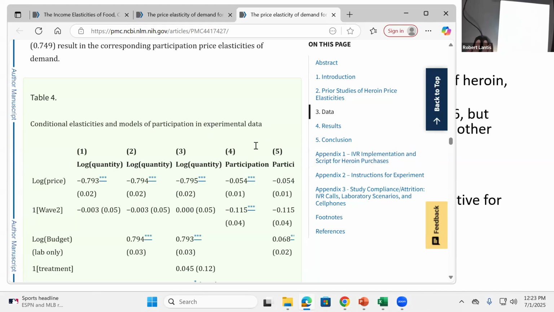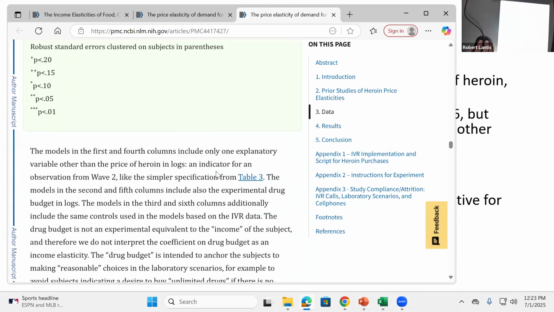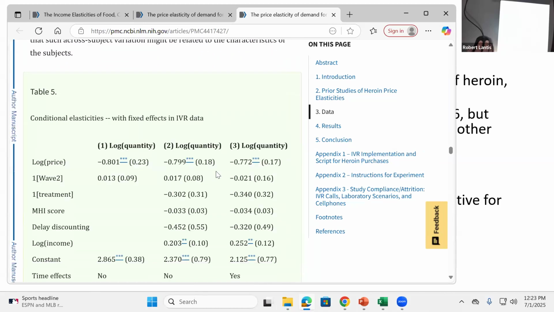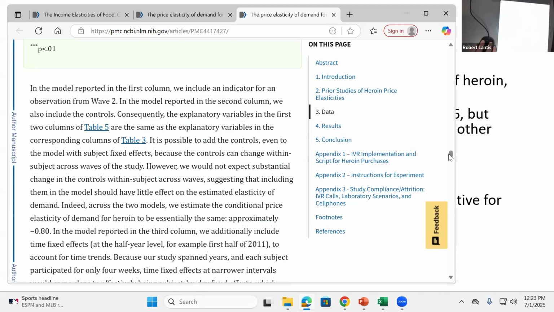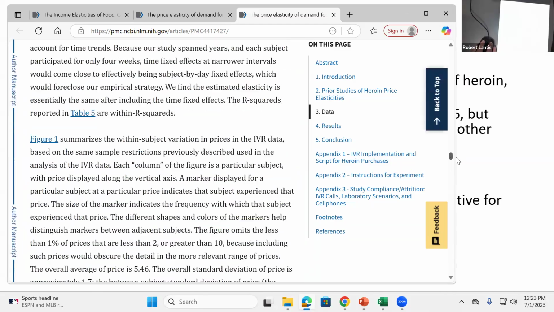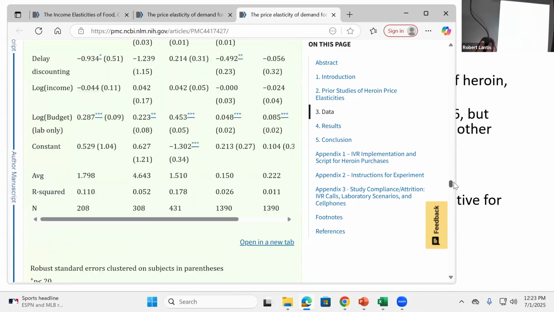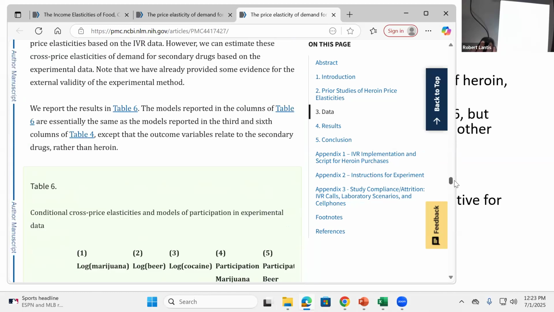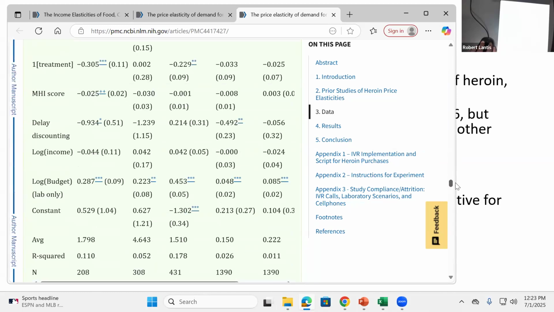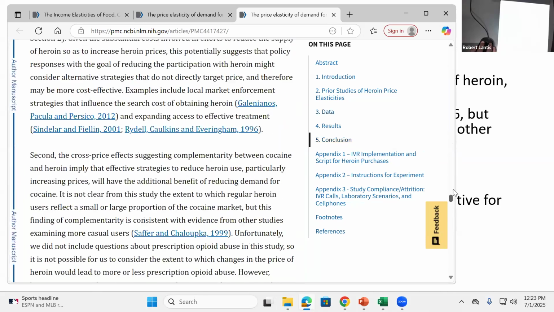Now, another thing that was interesting that came out of this, and let's see if I can find this table. I think it's down quite a bit further. Oh, here we go.